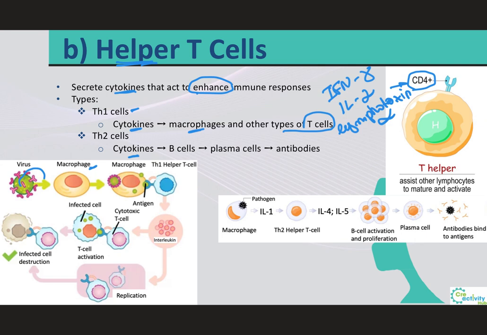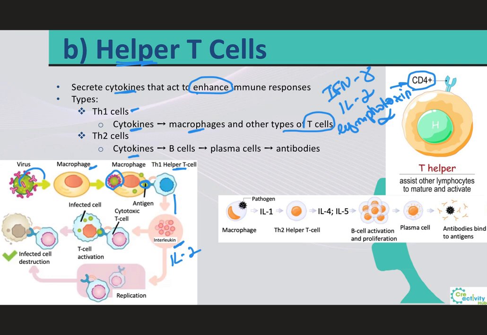Next, this macrophage will present the virus antigen to the Th1 cell, and this will make the Th1 cell release certain cytokines. In this case, they are showing an interleukin, which more specifically is probably interleukin 2.